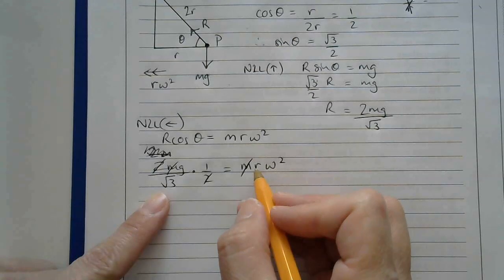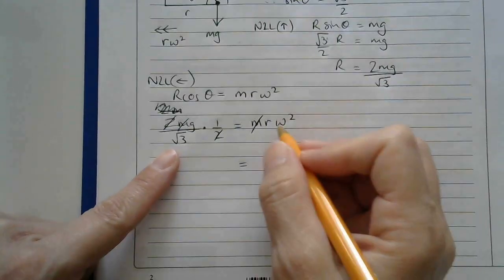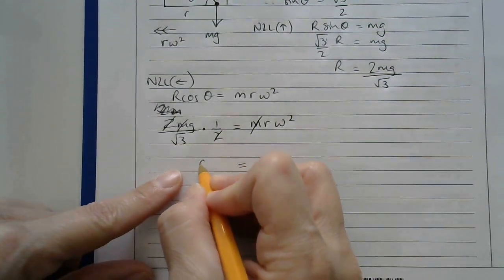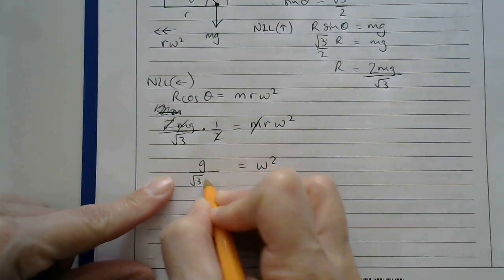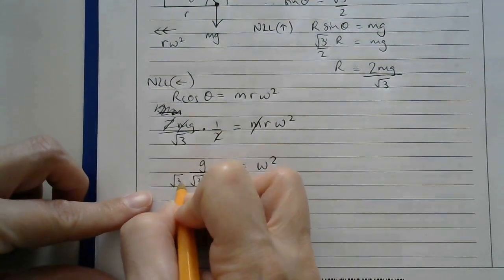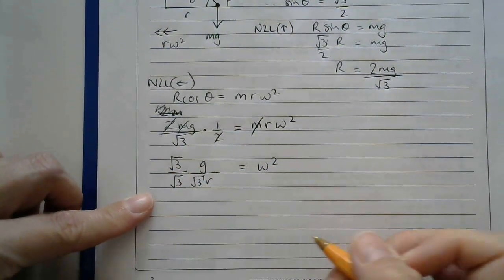Now it's getting a bit of a mess, so let's just rewrite this again. So here I get omega squared, I'll divide by r, I've got g over root 3 r. And now I can multiply the top and bottom of this by root 3, so I'm essentially multiplying by 1 and therefore not changing its value.